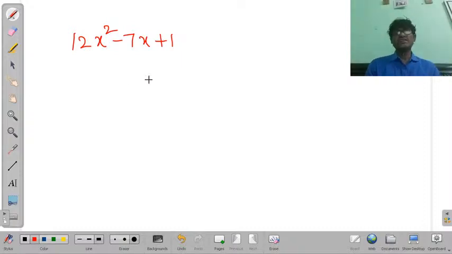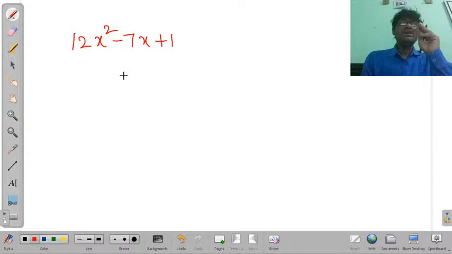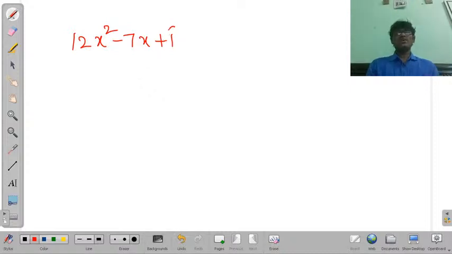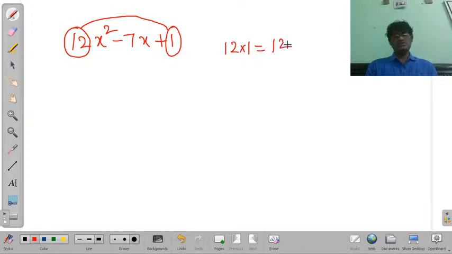So how to factorize this one? As I told you, you take the product of the leading coefficient and the constant. What is the constant here? 1 is the constant. Leading coefficient is how much? 12. Now you take the product of these two. So 12 into 1 is equal to 12.